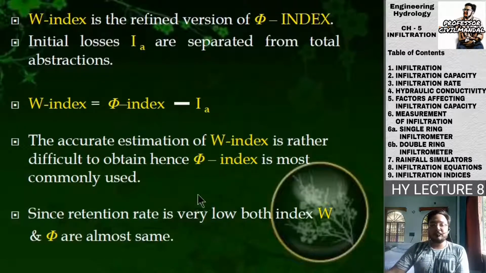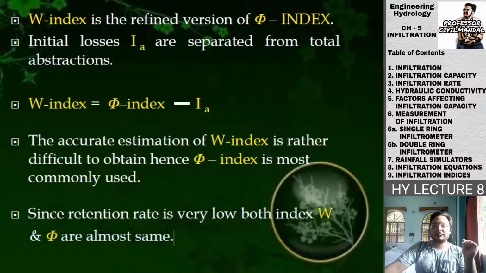Since the retention rate is very low, both the W index and phi index are almost the same, because if the retention rate is very low, it won't affect either index.